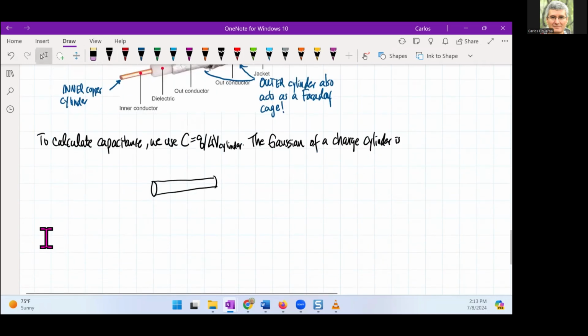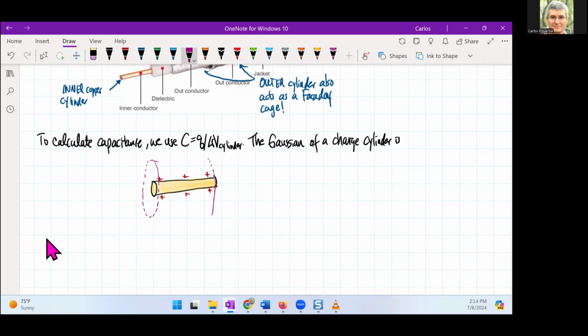and the only thing I know here is that, according to what we've been talking about, if this is isolated, that means it's all acting by itself. So then I have charge all symmetrically involved in this. Now I'm going to choose my Gaussian. One of the things we said here is that we're not at the endpoint. Okay, so there's my Gaussian. When I look at this, I have a flux, and I have my area vector going like this.